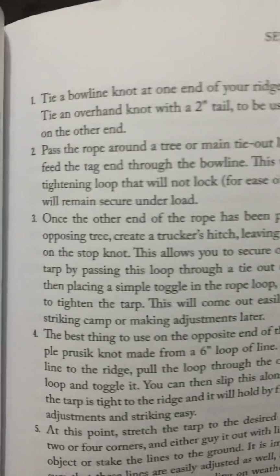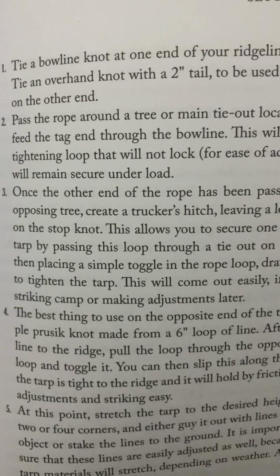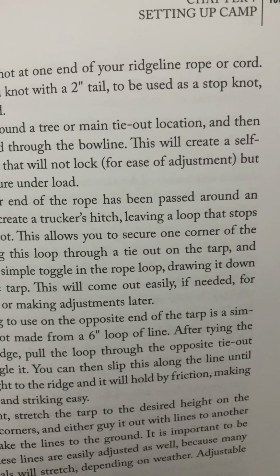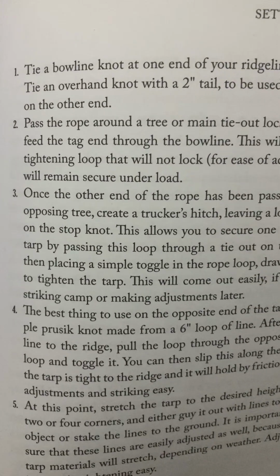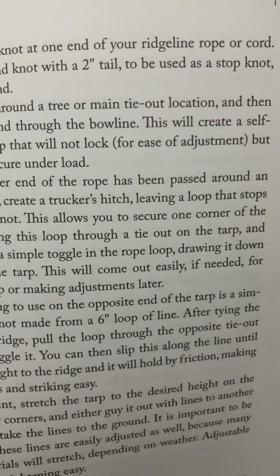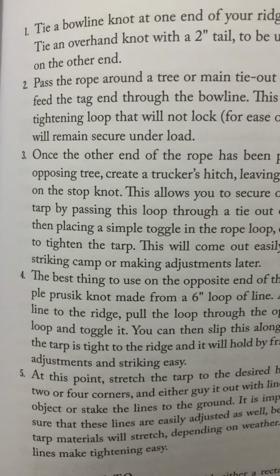Page 135. Number 1. Tie a bowline knot at one end of your ridge line rope or cord. Tie an overhand knot with a 2-inch tail to be used as a stop knot on the other end.